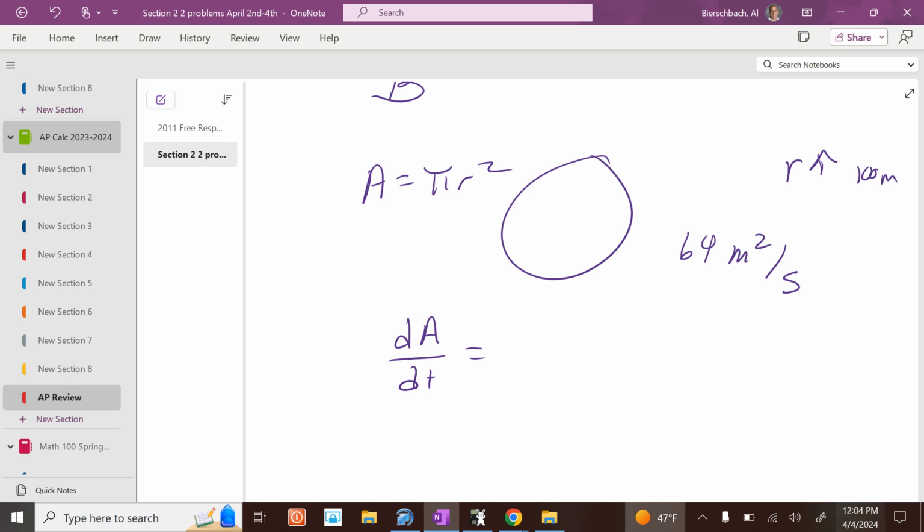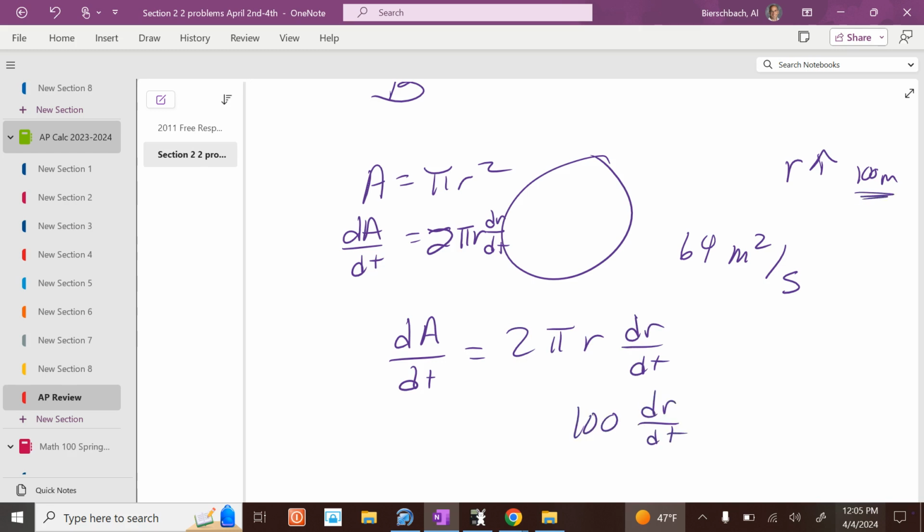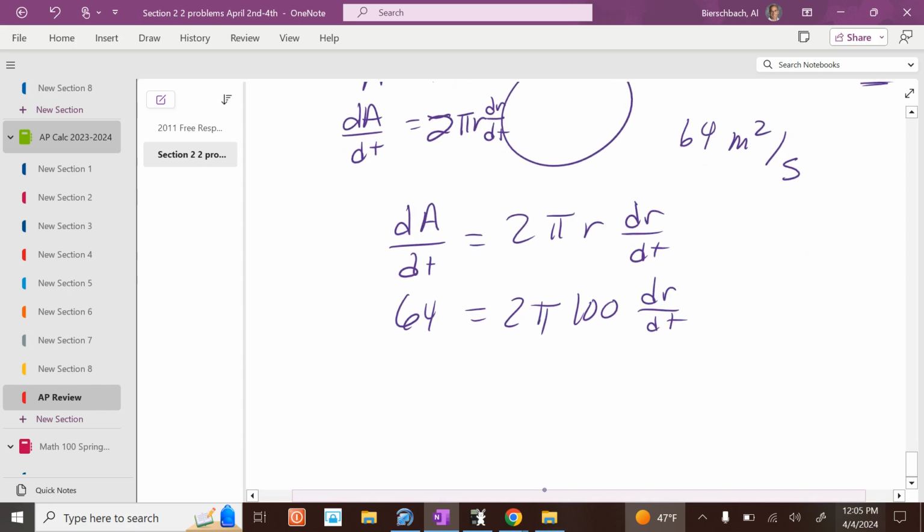So the first derivative of this, dA dt, equals 2 pi r dr dt. Okay, so when the radius is 100, we want to find dr dt. When this is 64 and this is 2 pi, so 64 divided by 2 is 32. So 32 over 100 pi is dr dt.